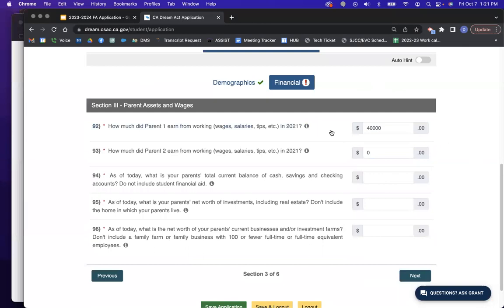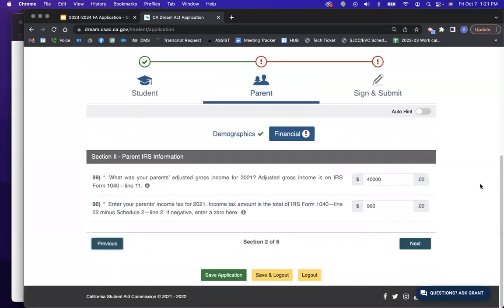But if both of your parents work, then that W-2 is probably going to look different. I'm just going to say my dad got 20,000 and my mom got 20,000. So these two should add up to their income. Does that make sense? Those 2 numbers added together should be what is on line 11.